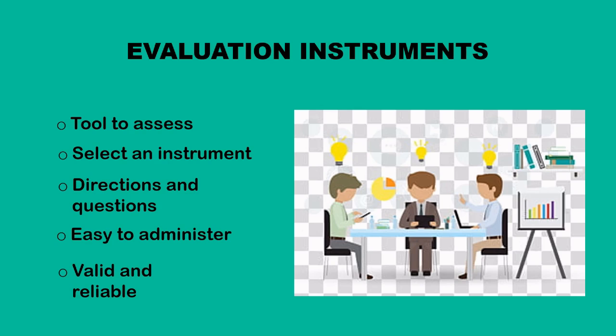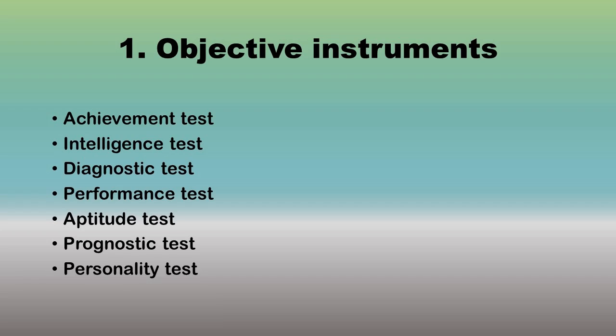There are 2 types of instruments available for collecting the information. Number 1, objective instruments, and number 2, subjective instruments. Number 1, objective instruments. Most of the time, it assesses the students' learning in classroom setting, such as achievement test, intelligence test, diagnostic test, performance test, aptitude test, prognostic test, and personality test.